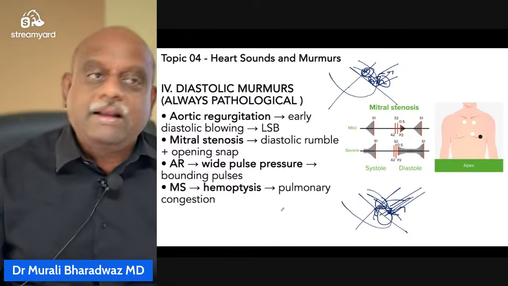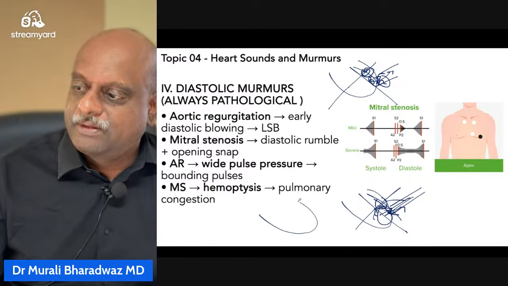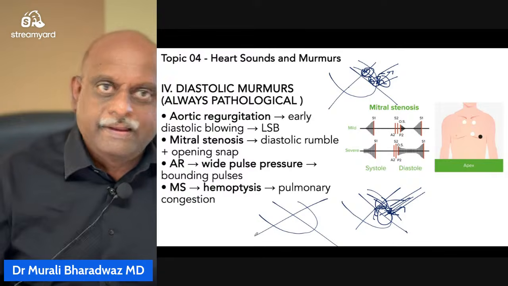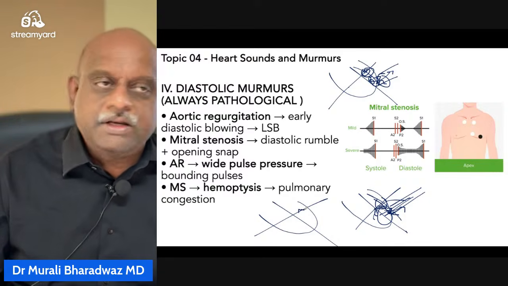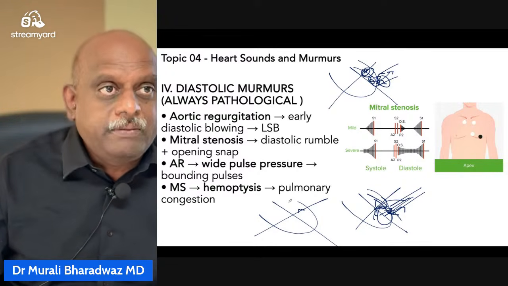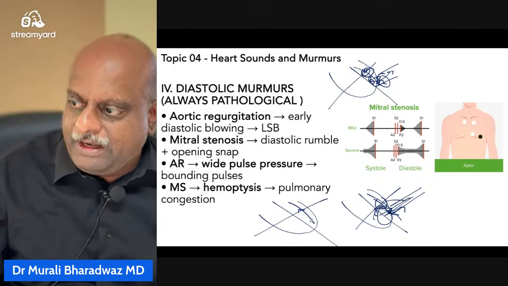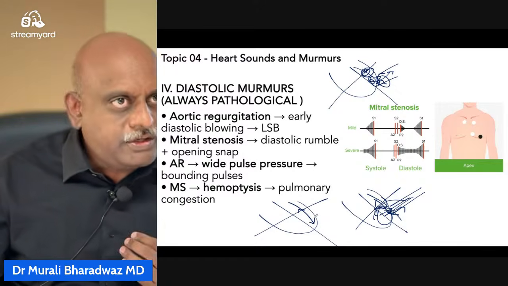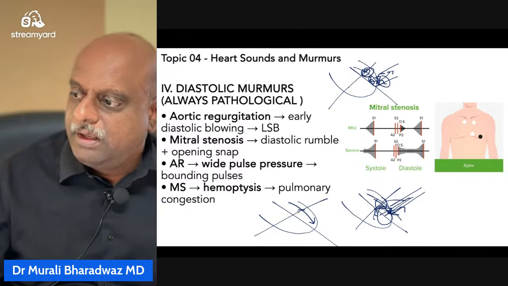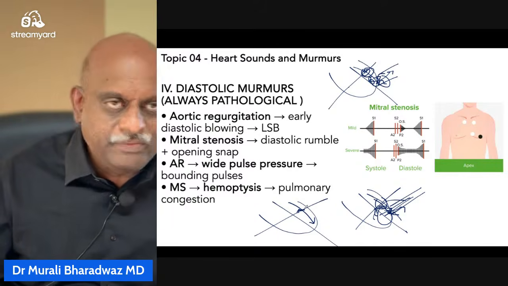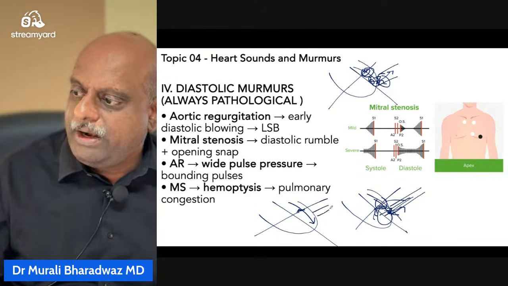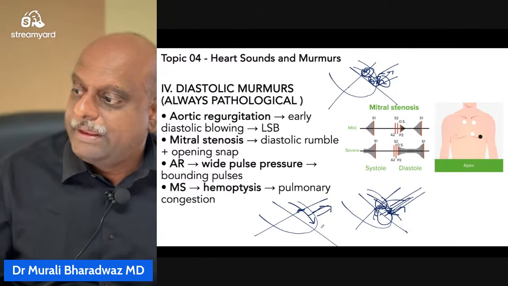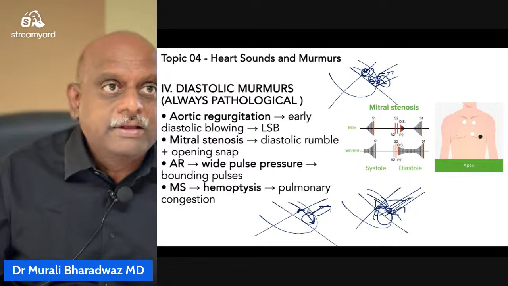Okay? Next is mitral regurgitation. When will mitral regurgitation occur? From the left atrium into the ventricle, blood moves in diastole. Diastole over. The mitral valve closed. Then the blood is moving into the aorta. That means the ventricle is undergoing systole.